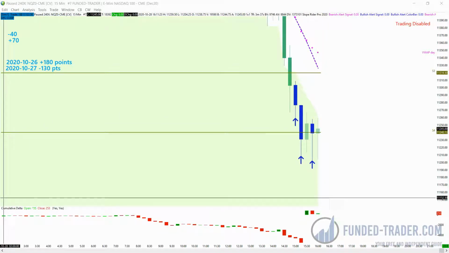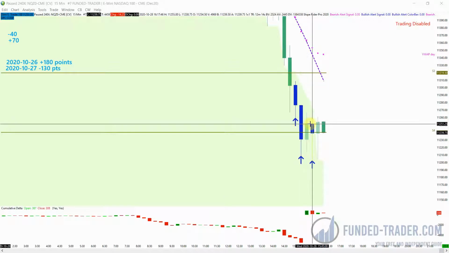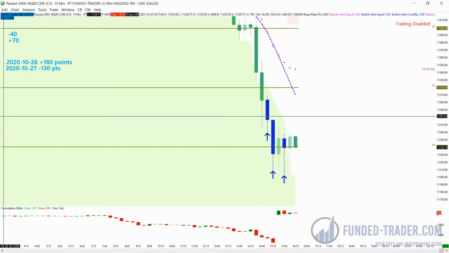So I'm ready to take this trade if my risk allows it. Okay, so that body closed above the signal. So let's give it a go. Suppose you take your trade here, 250 something.